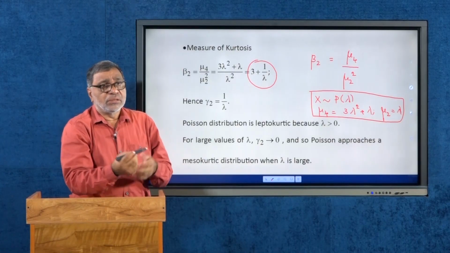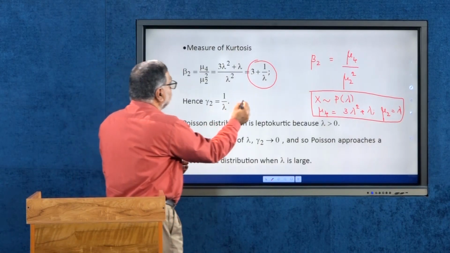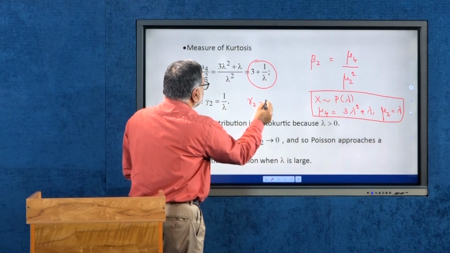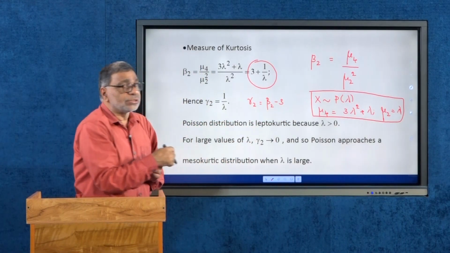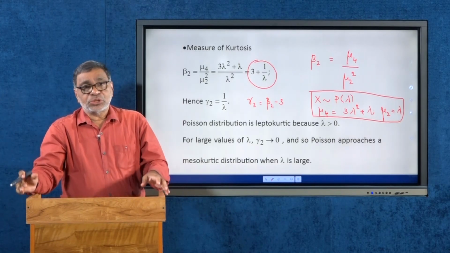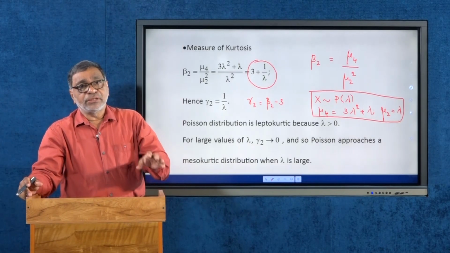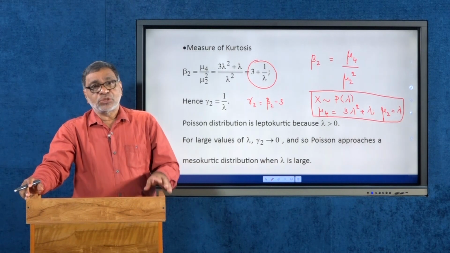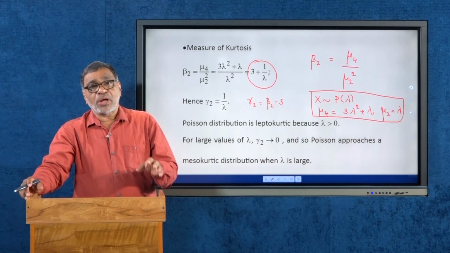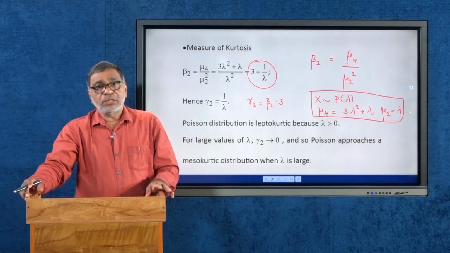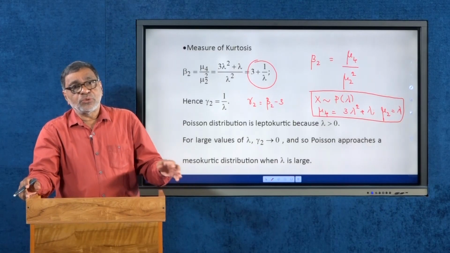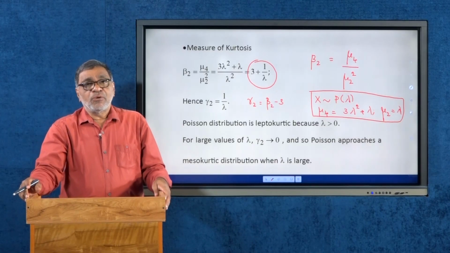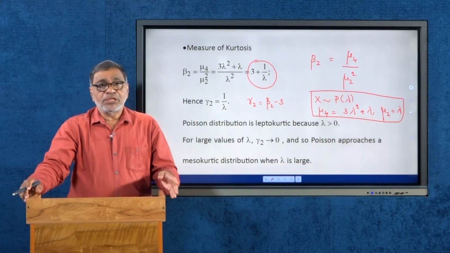What is the meaning? The meaning is gamma 2. Gamma 2 is defined as beta 2 minus 3, that is the measure of kurtosis. Another measure of kurtosis, how far this deviates from symmetry, is obtained by finding the value of gamma 2, and gamma 2 is equal to beta 2 minus 3, that is, gamma 2 is equal to 1 by lambda, where lambda is positive.